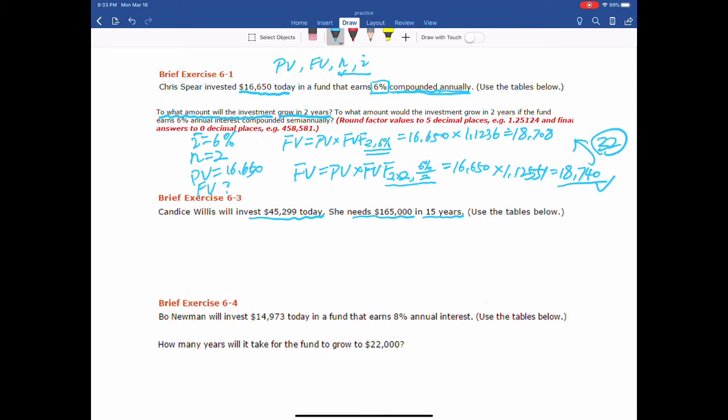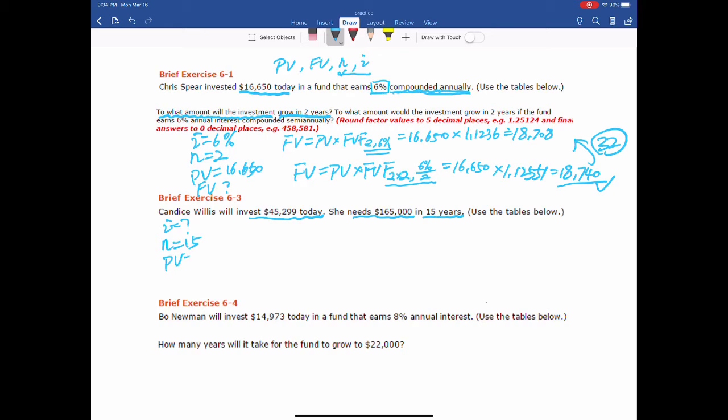Okay, so the question we can translate into this one, because we are not told how the interest is compounded. By default, it is compounded annually if we are not specifically informed. So first, we don't know the interest, and because it is compounded annually, N is 15.